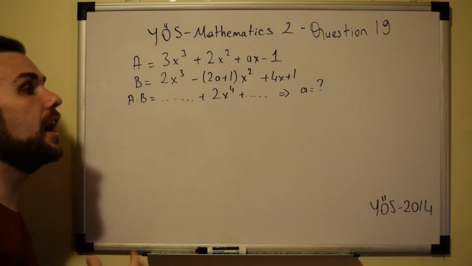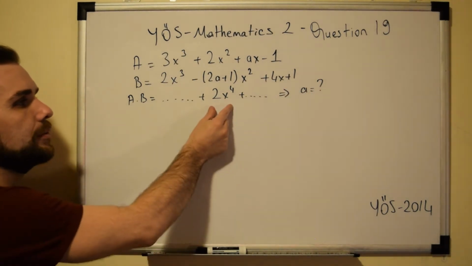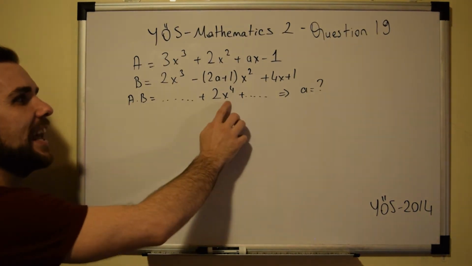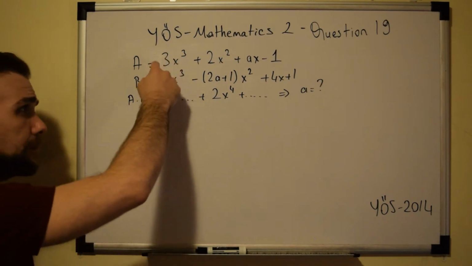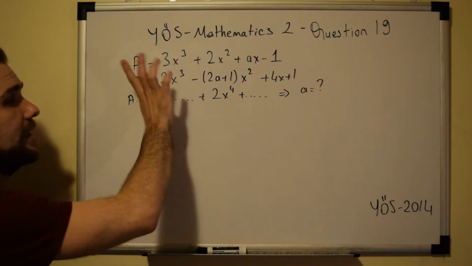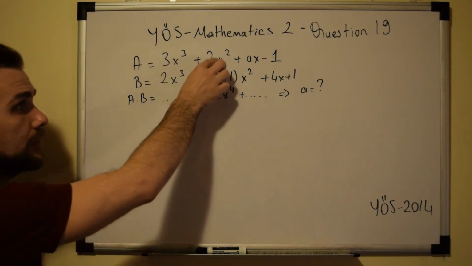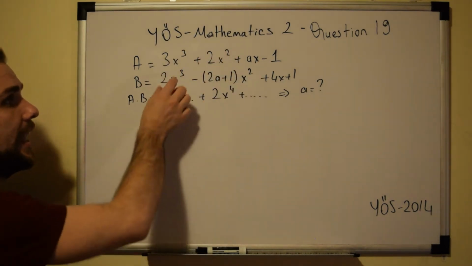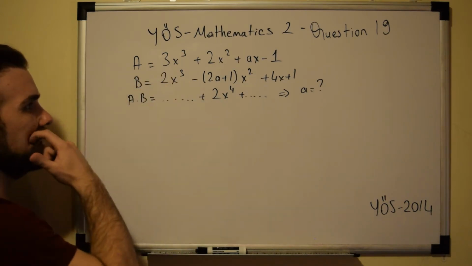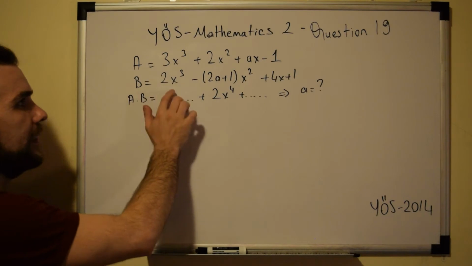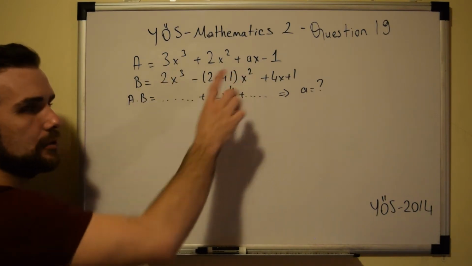Now the question is, how do we get to the value of a? All we need to do is use the information that is given to us, and that is x to the power of 4. So what does that mean? When I say variable, I mean 3x to the power of 3 or 2x to the power of 2 or ax from A, and from B it's going to be 2x to the power of 3 or (2a plus 1) times x to the power of 2.